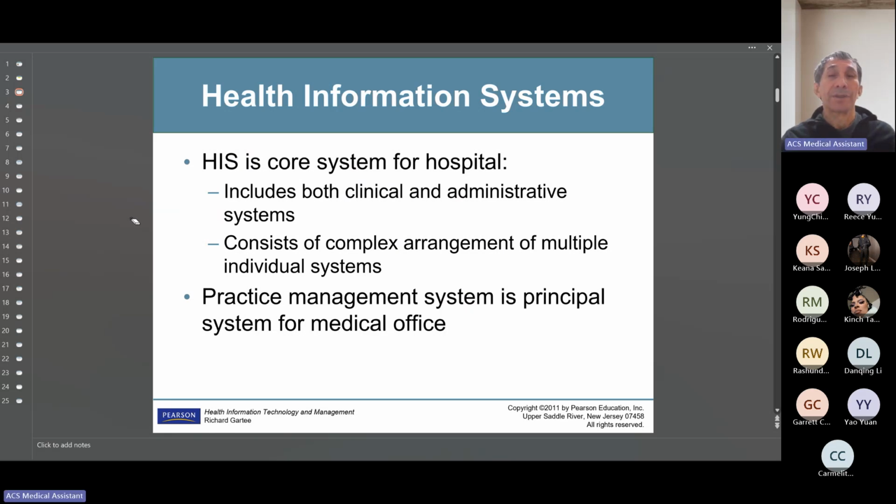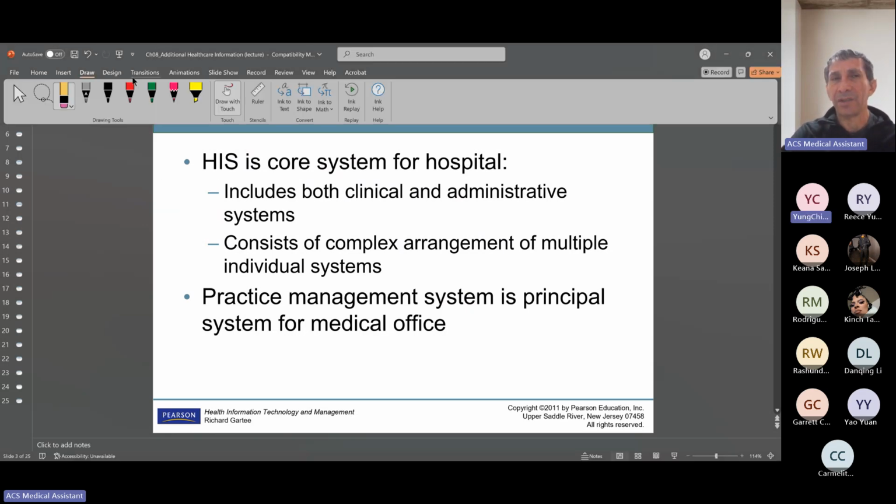Oh, so the first part, because I don't know if you heard me or not. HIS stands for Health Information System. Remember, it's written on top. That's the title.